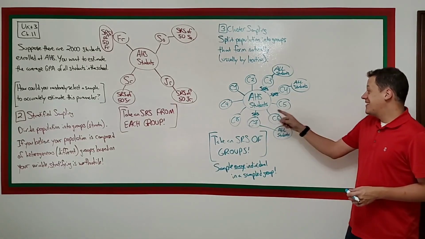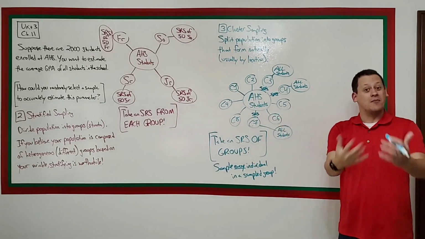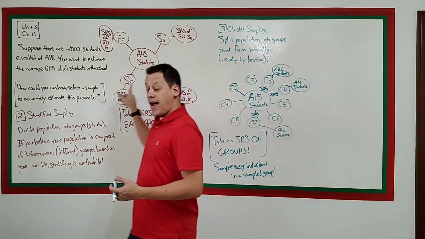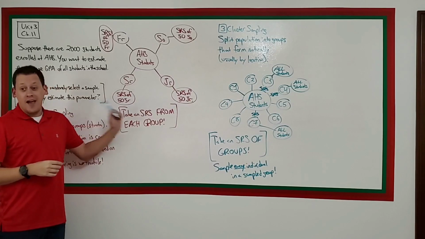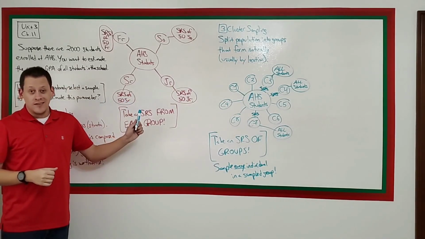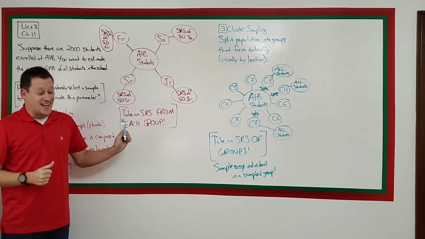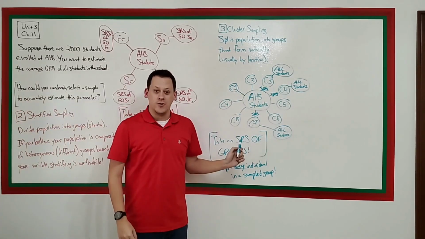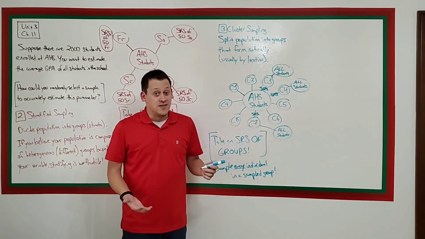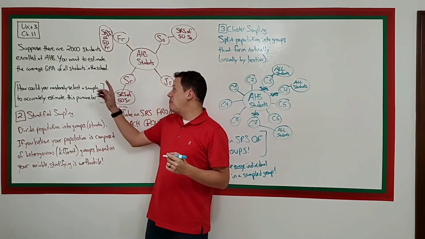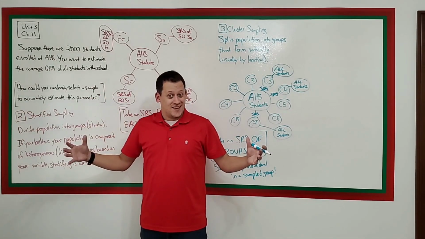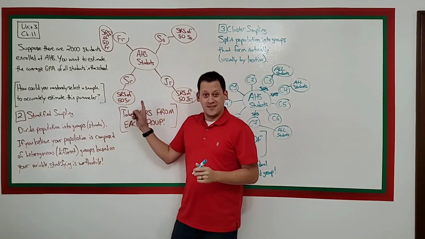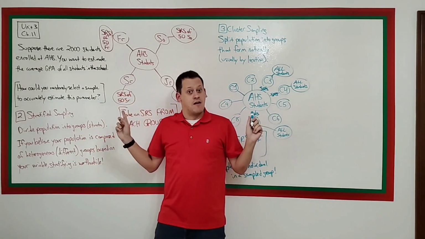And this is easier if you're thinking about doing it practically, right? If you take your sample the other way, you might have to go to every classroom in the school. That's not easy. That's going to take a while. Doing it this way, you only have to go to a certain number of rooms. That can be easier. And depending on how big your population is, this might be even better than that, even more so than it is here.